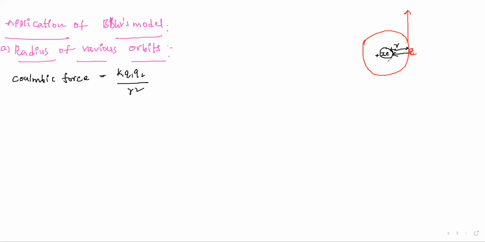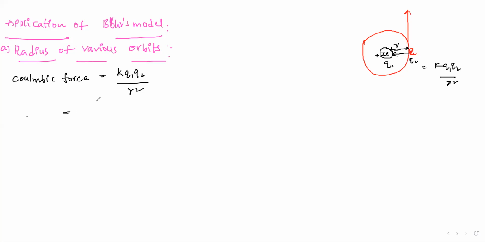And this one is Q1 and Q2. That equals K, a constant, K Q1 Q2 by R square. Here Q1 is nothing but ZE and Q2 is E. Now substitute values here.